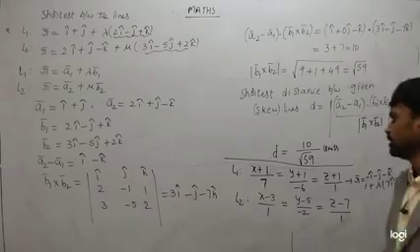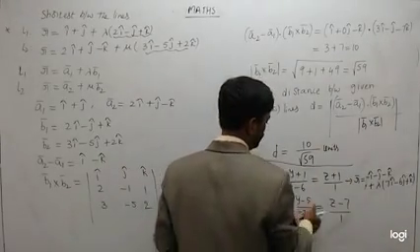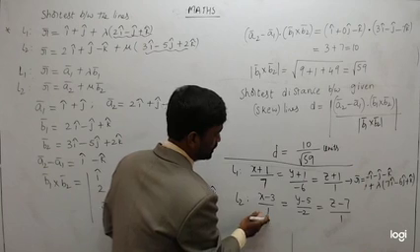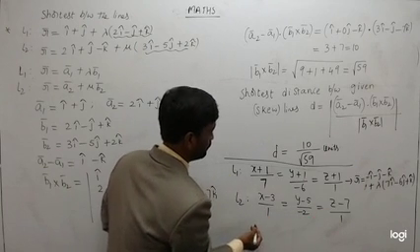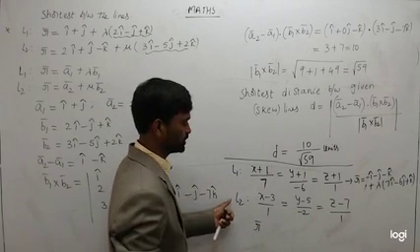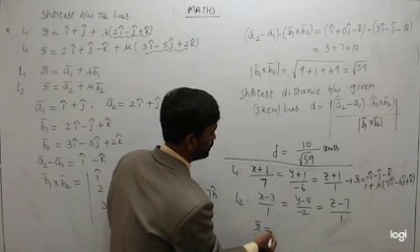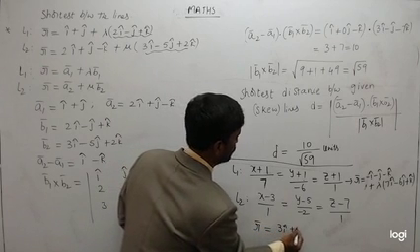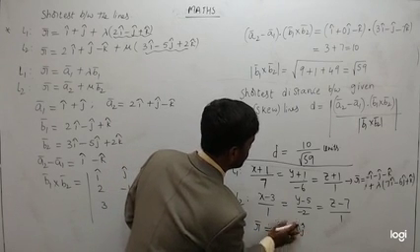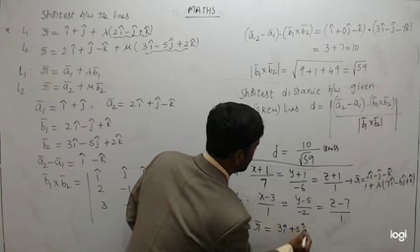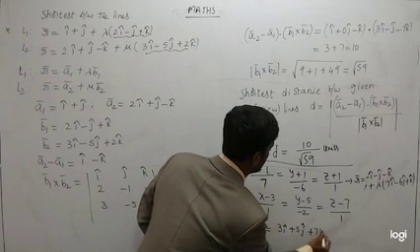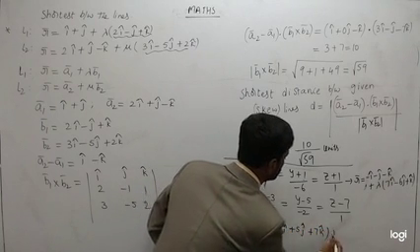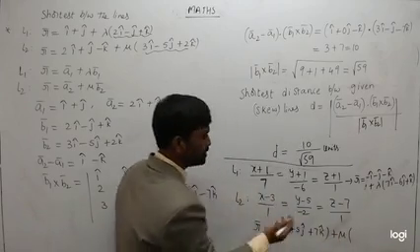And similarly the second line passing through which point? 3, 5, 7 and DRs are 1, minus 2, 1. Then for the second line, the vector form becomes what? 3i cap plus 5j cap plus 7k cap plus mu into, so what are the DRs? 1, minus 2, 1.